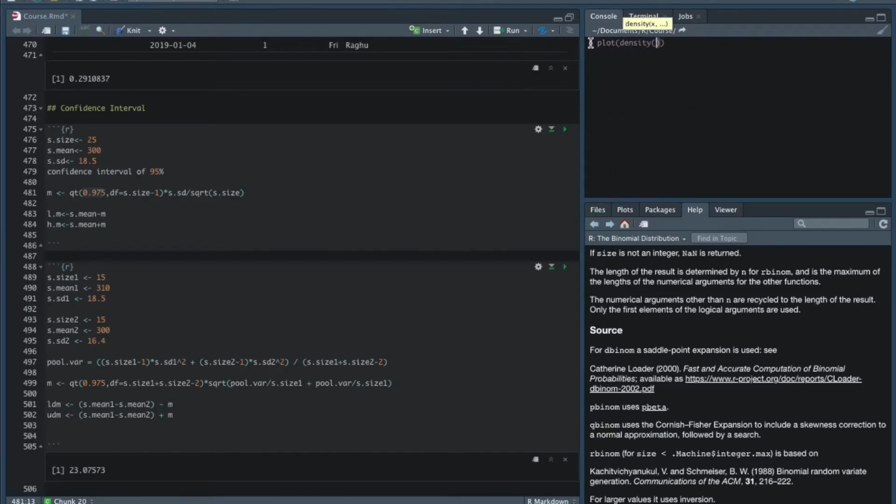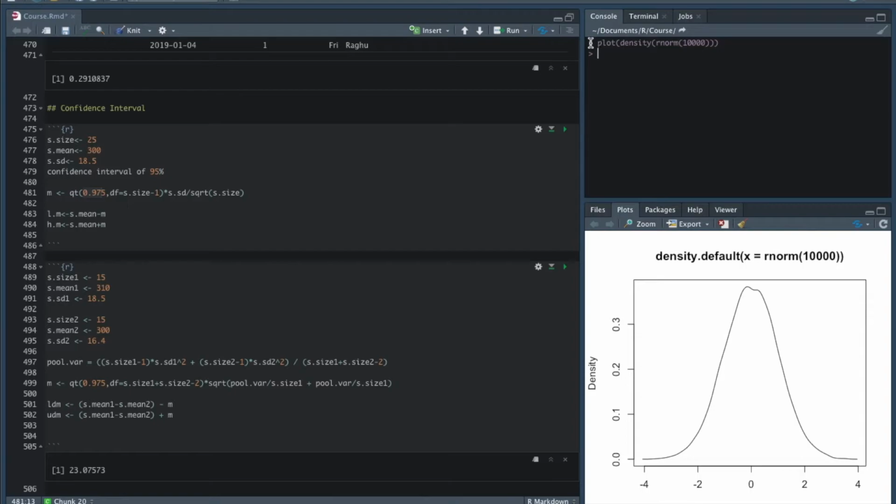Okay, we'll plot. And now let's say we want to add, so when we talk about a 95% confidence interval, what we mean is, abline v equal to minus 3.75 and abline v equal to 3.75.